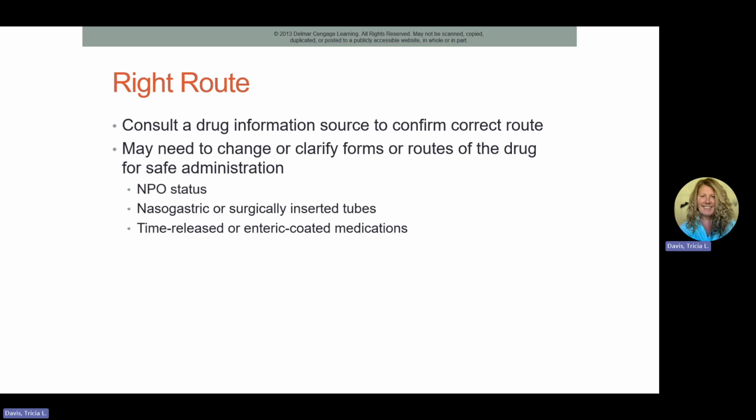So we have to crush their pills and put them into applesauce because it makes it easier for them to swallow. So time-released tablets, we can never crush or cut in half because the patient ends up getting that entire dose of medication at one time instead of over the 12 or 14 hours that it was supposed to be released. And our enteric-coated medications also can never be crushed because they don't break down well when we crush them.